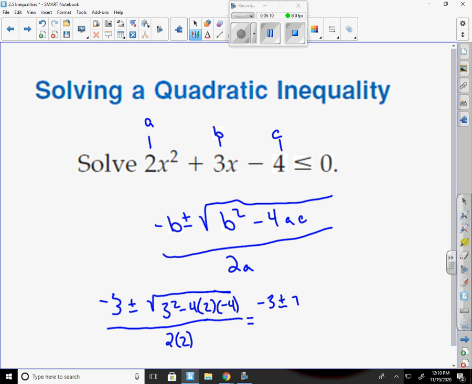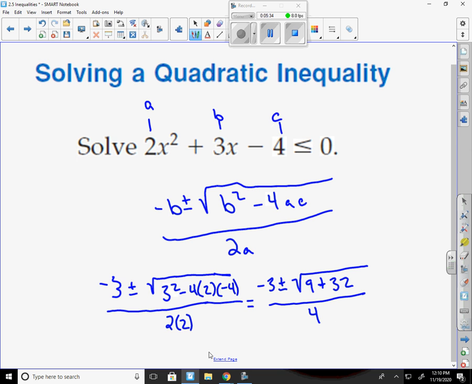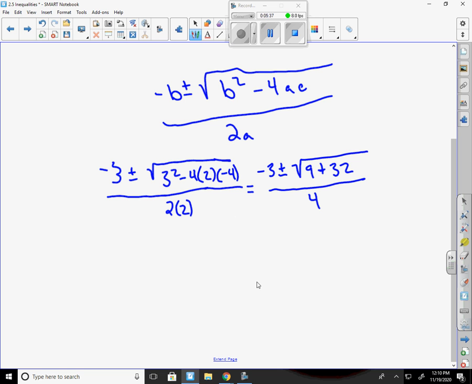When I start to solve this, b squared, it's 3 squared, which is 9. And then negative 4 times 2 is negative 8. Negative 8 times negative 4 is positive 32. Over 4. Nine plus 32 is 41. It's negative 3 plus or minus the square root of 41 over 4.